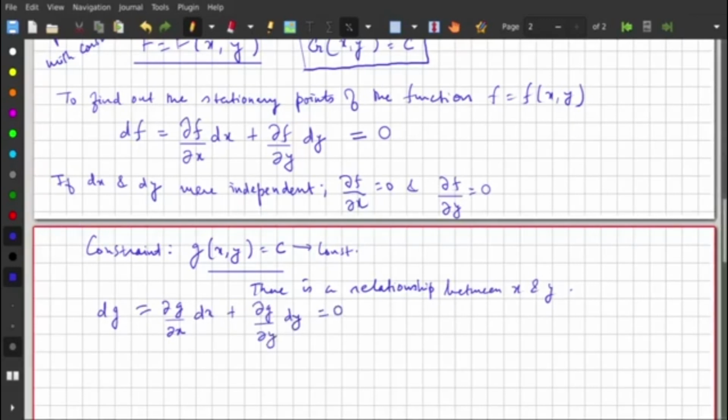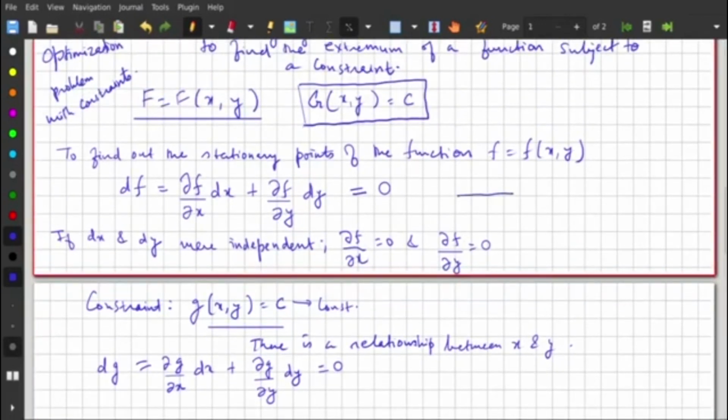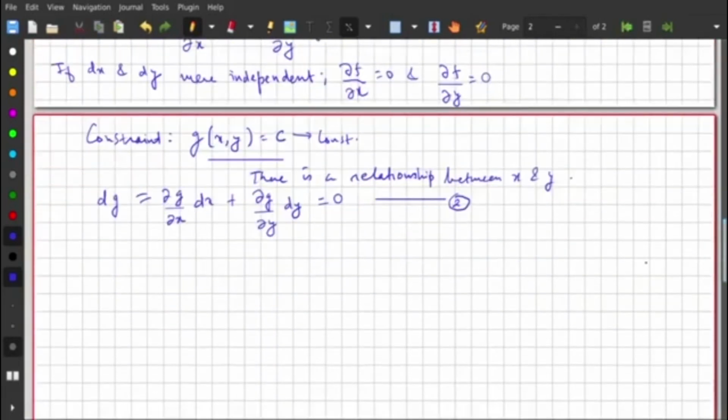Let's call this equation 1 and let's call this equation 2. If we use equations 1 and 2, we can write it in this way using an arbitrary lambda.